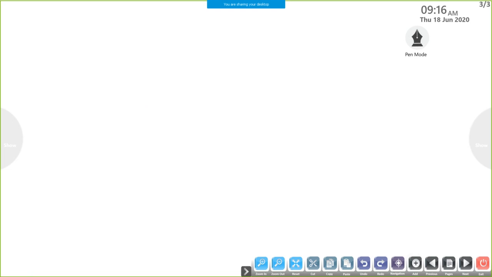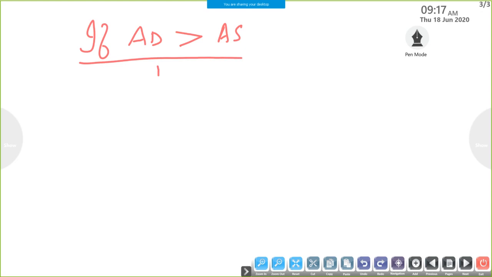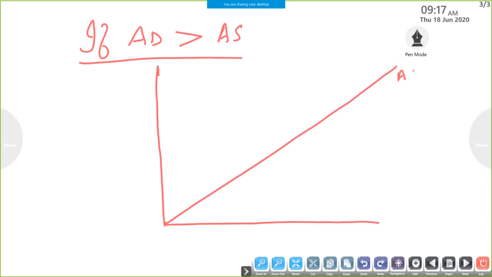So once more, listen. Situation: if AD is greater than AS, or we can say AS is less than AD. For this we need a diagram, the equilibrium level of the AD-AS approach. This is our AS curve.